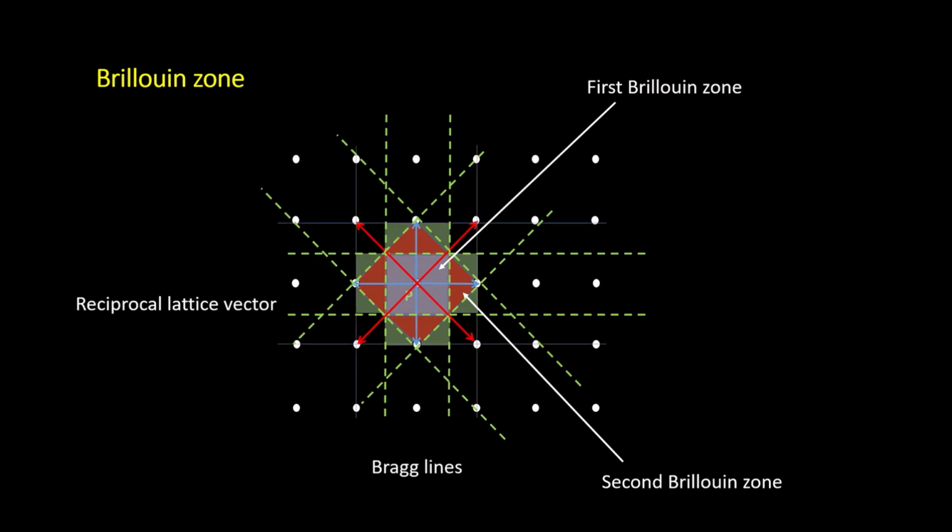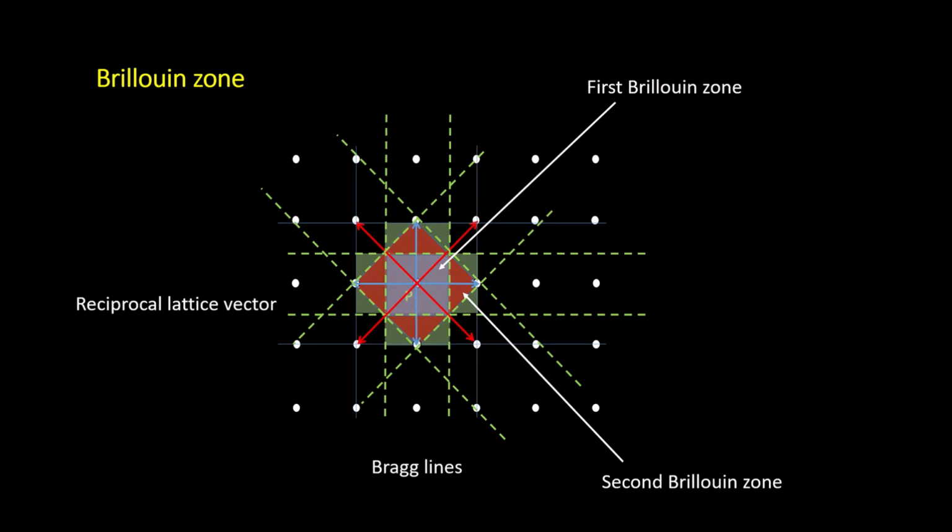We can see that the Bragg lines for the third closest neighbors are these blue lines. So we might think that this entire rectangular area, excluding the areas of the first and second Brillouin zone, would be the third Brillouin zone, but it's actually not.